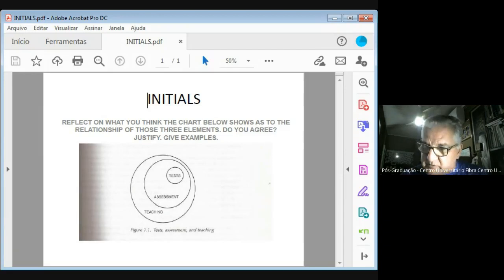E aí é o que eu disse para vocês. Isso é um ciclo. Tá? Você decide alguma coisa, você diz assim, eu vou fazer isso, tá? Aí, você faz. Pode ser que funcione, pode ser que não funcione. Aí, você volta de novo lá para a discussão, volta para o assessment.